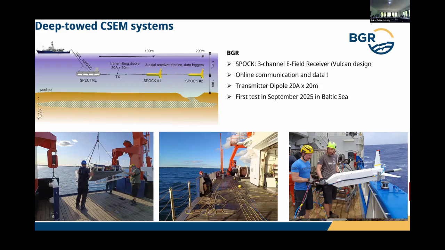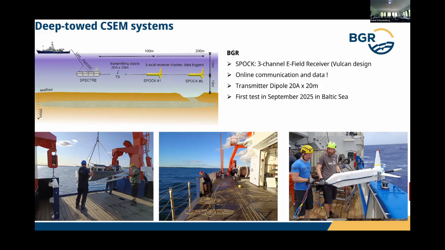The telemetry unit, which provides the power to all the other sensors and communication, and the signal generator are here in titanium pressure vessels mounted on this platform. It's connected to the vessel, and we have a cable along this line, which we lay out before deployment. And that's how our tow body looks.